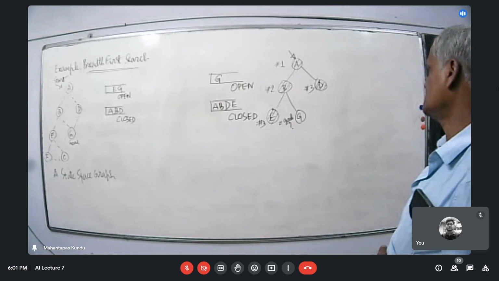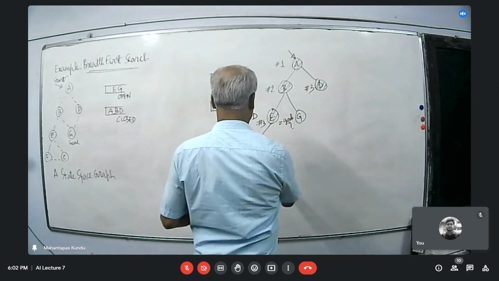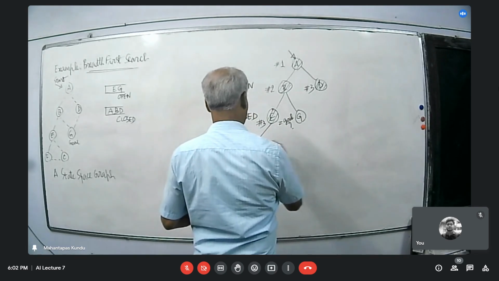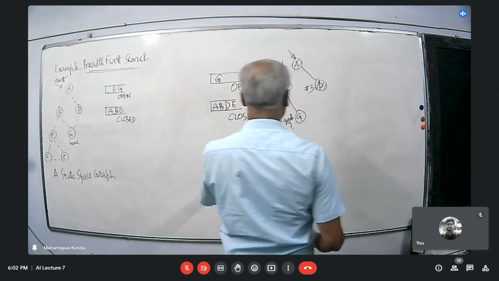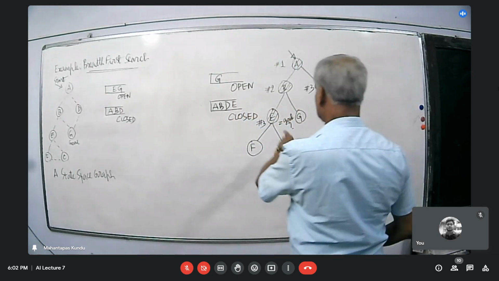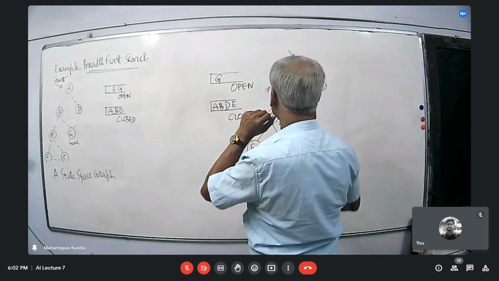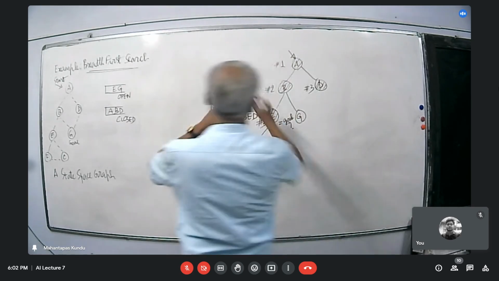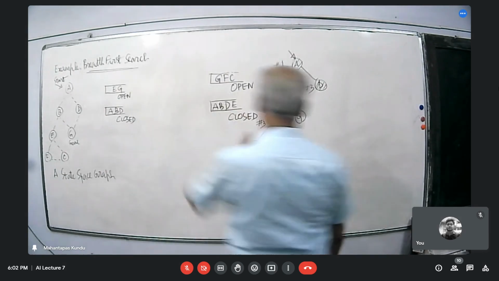So its successors F and C will be generated. And after generating the successors of E, this F and C should be placed in this open list.